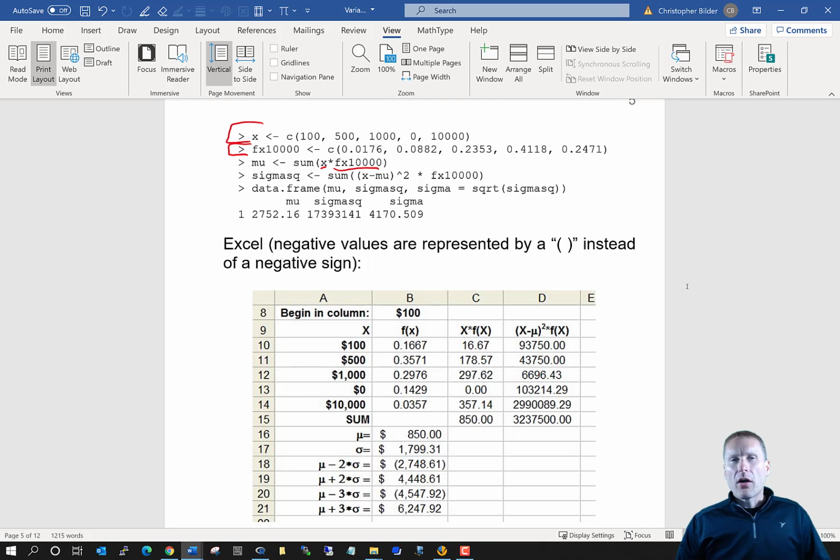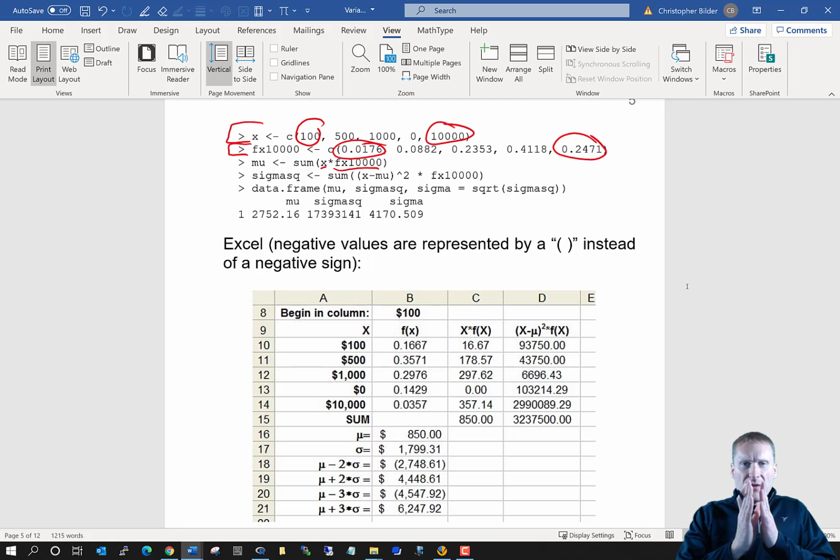The way that R operates, and we've seen this before, is element by element multiplication. So it's going to take 100 times 0.0176. It's going to take 10,000 times 0.2471, and so on. And so now I'm going to have a vector of these 5 different products.